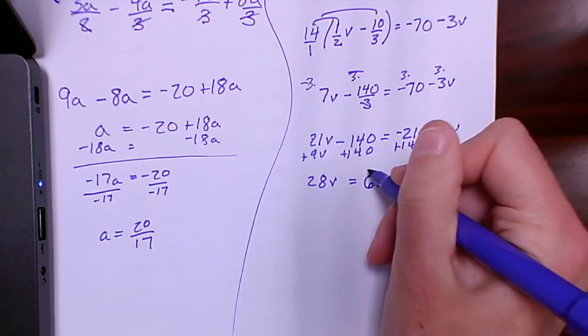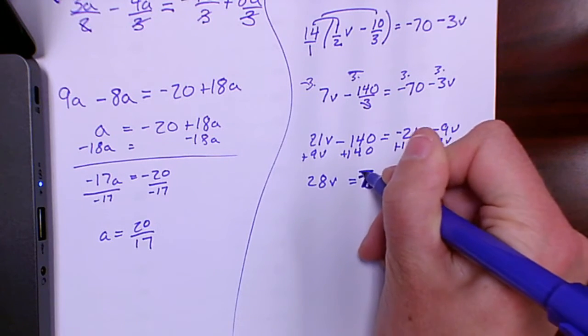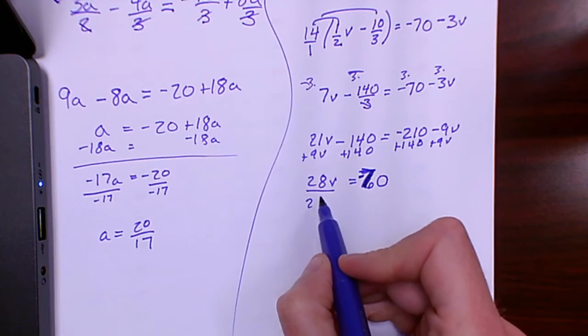That's not 60, that should be 70. Sorry. It should be 70. Okay, divide by 28.